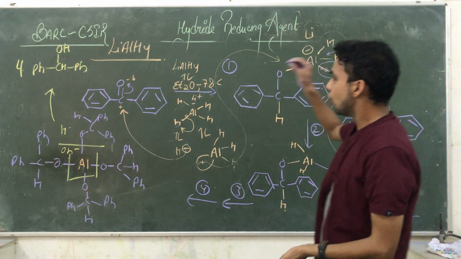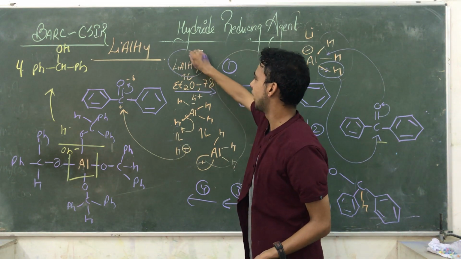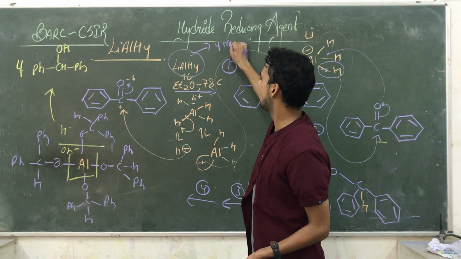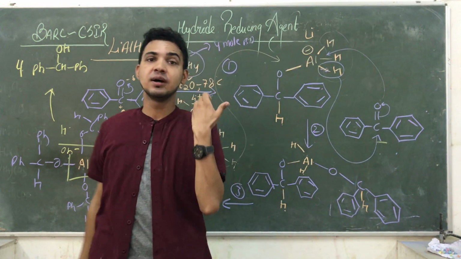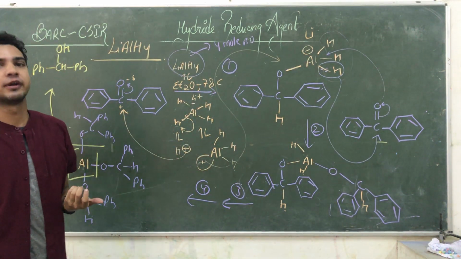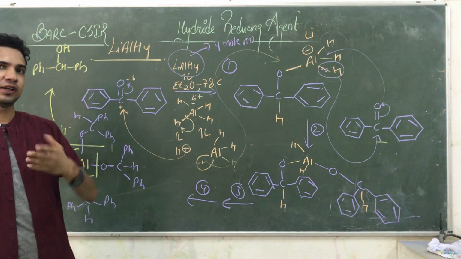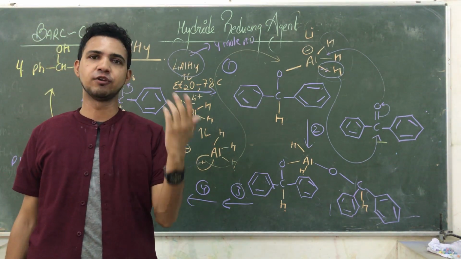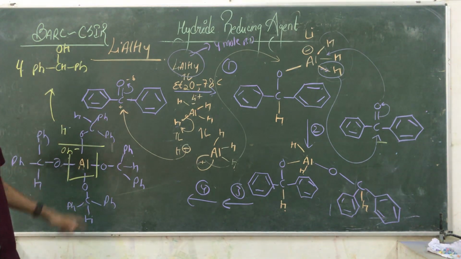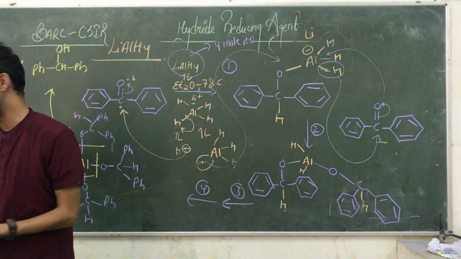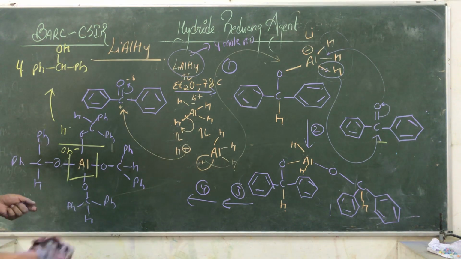So it means 1 mole of lithium aluminum hydride affected 4 molecules of benzophenone. So that is the power of lithium aluminum hydride. At the same time, it is affecting 4 moles of any compound and converting into its desirable product. So that is the way of the lithium aluminum hydride. See, that is the way. I hope you understand.